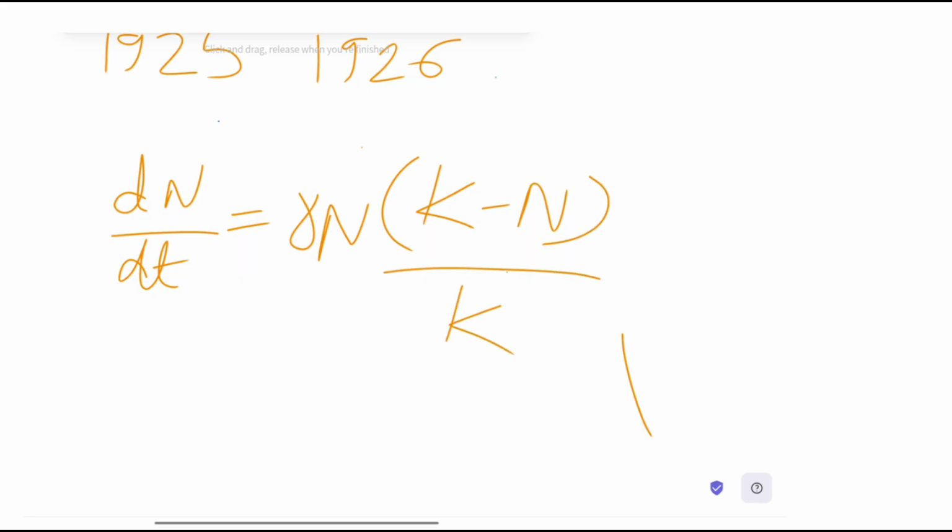This is a logistic equation. The rate of population growth is limited by intraspecific competition, members of the same species competing with one another. This equation can be modified to include the effect of interspecific competition as well as intraspecific competition.